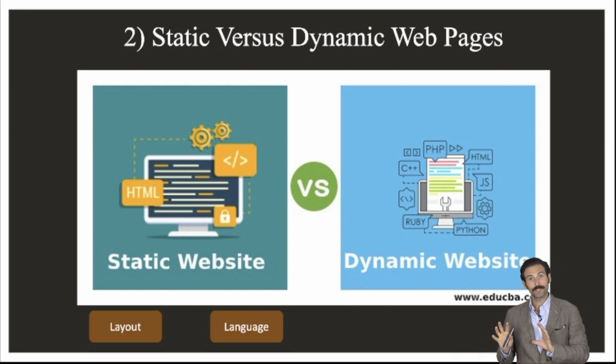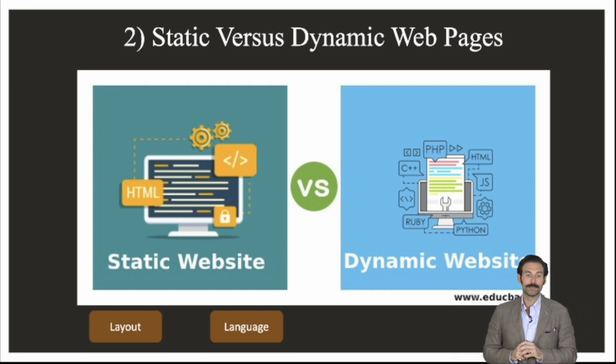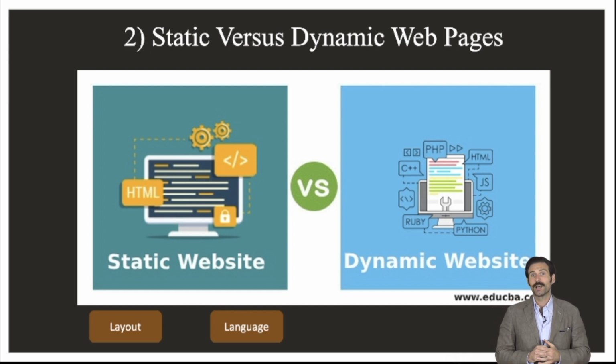So the second limitation of web scrapers is the difference between a static and a dynamic website. The difference here is in the layout, how it looks, but also in the language that it was programmed in. So we are going to be focusing on HTML, which is how most websites are programmed today. And that's in the realm of static websites.